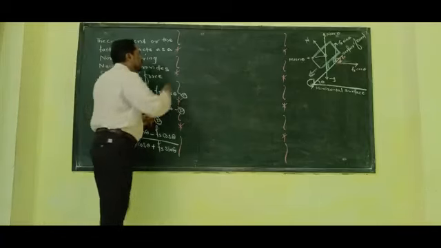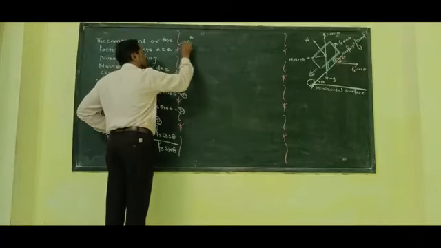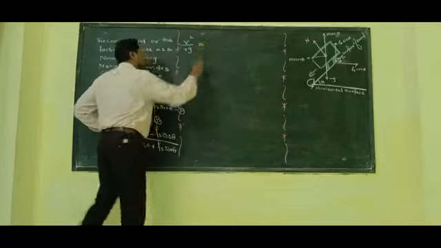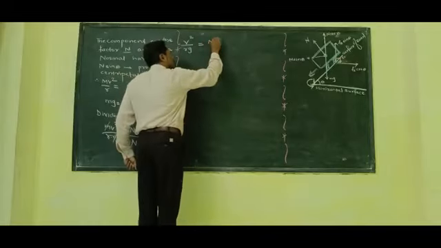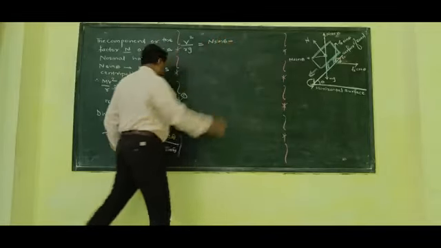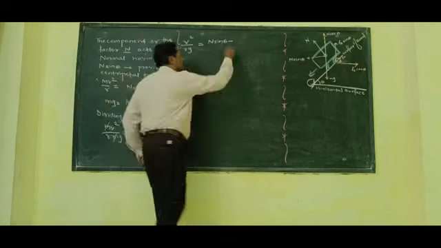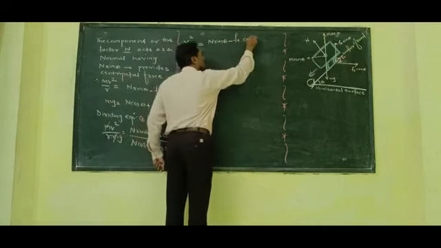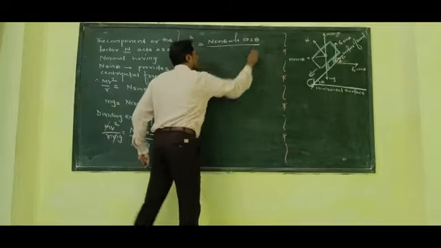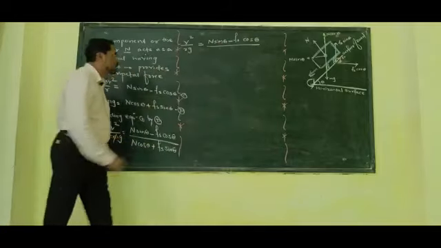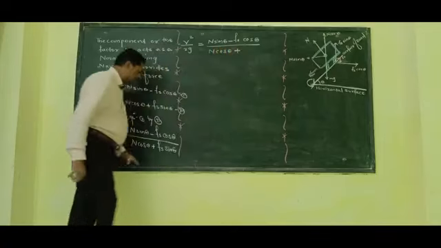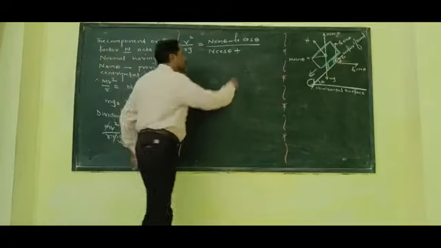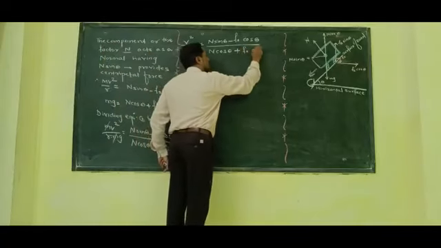What we get is v square upon rg is equal to, on the right side, n sin theta minus Fs cos theta in the numerator, and in the denominator, watch it carefully, n cos theta plus Fs sin theta.